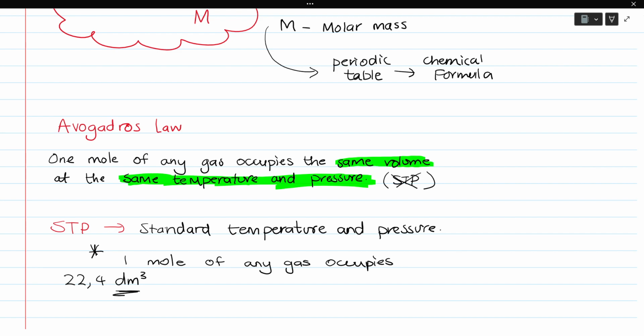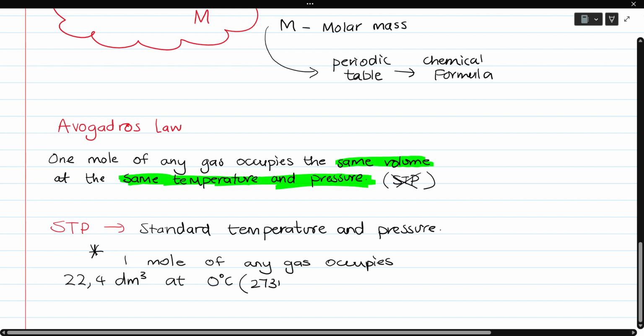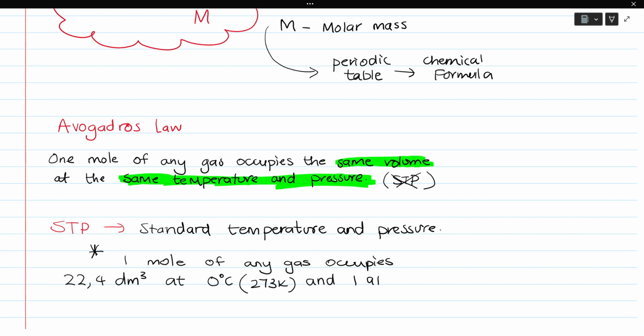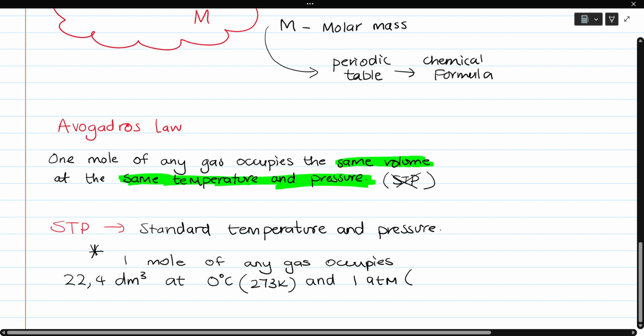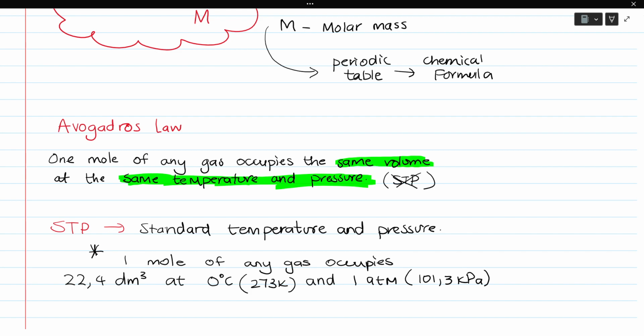Decimeters is just a unit of measurement for volume, and it is the standard unit that we're going to use going forward. And this is at a special temperature of 0 degrees Celsius, which is 273 Kelvin, and also 1 atmospheric pressure, which is equivalent to 101.3 kilopascals. So if you look at your guideline, this has exactly the same definition. We're really just writing it out again.